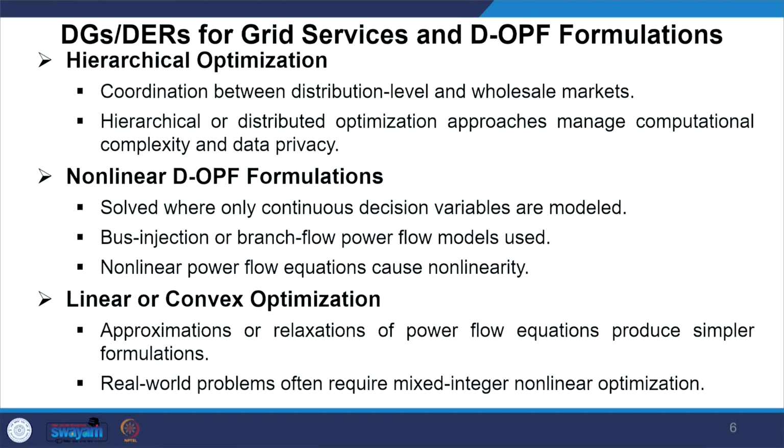In case of nonlinear distributed OPF formulation, they are solved where only continuous decision variables are modeled, bus injection or branch flow power flow models are used, and nonlinear power flow equations cause nonlinearity. In case of linear or convex optimization, approximation or relaxation of power flow equations produces simpler formulations, and real-world problems often require mixed integer nonlinear optimization.